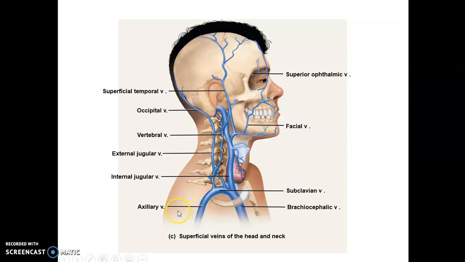You have your axillary vein, which will be next to your axillary artery. You have your brachiocephalic vein, which will be next to the brachiocephalic artery. Arteries are red, veins are blue.